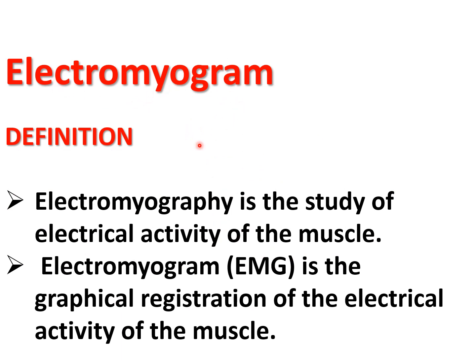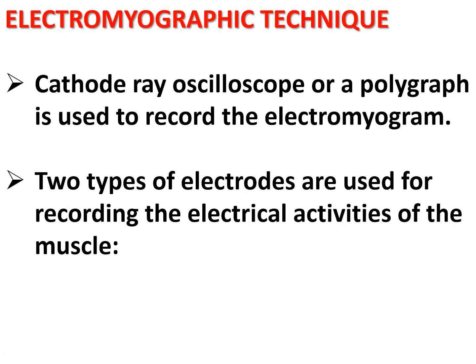Then electromyogram. So what is the electromyogram? Electromyography is the study of the electrical activity that occurs in the muscle, and electromyogram is a graphical registration of the electrical activities of muscle. Electromyographic technique: a cathode ray oscilloscope or polygraph is used to record the electromyogram.